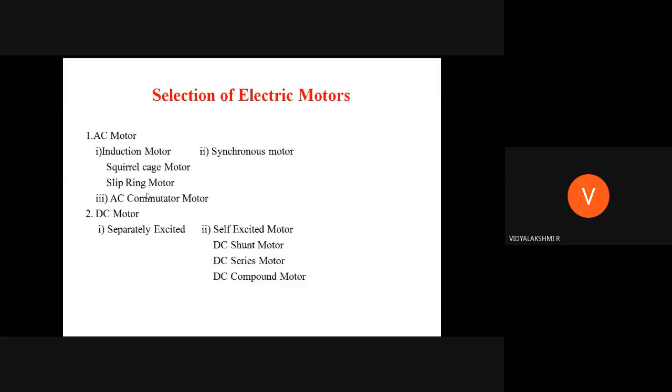I'm repeating once again. Why am I going to reduce my starting current? If I'm starting any motor, what will happen?